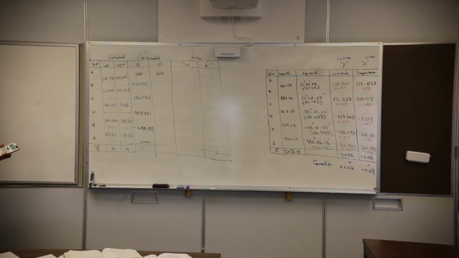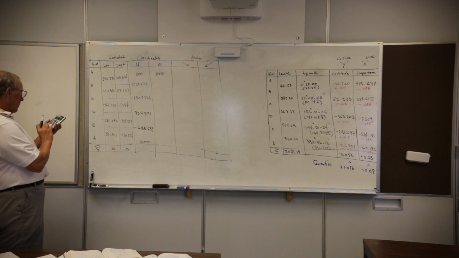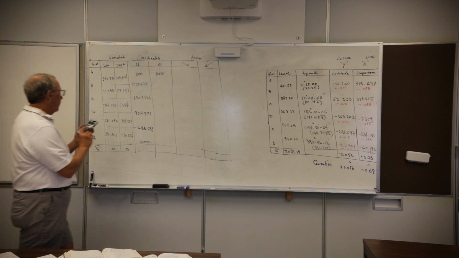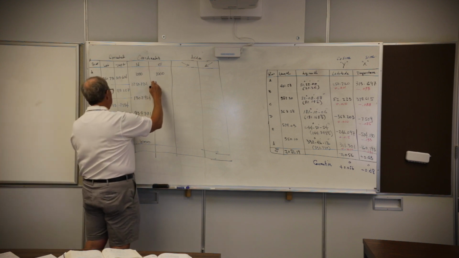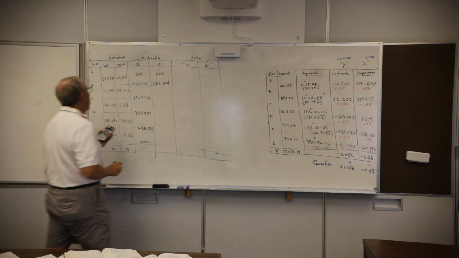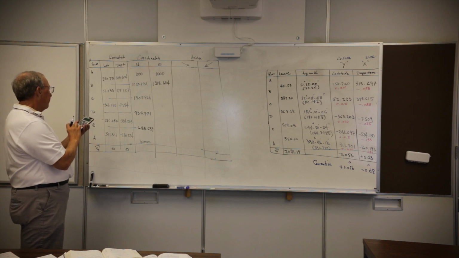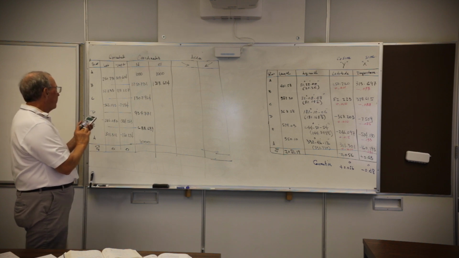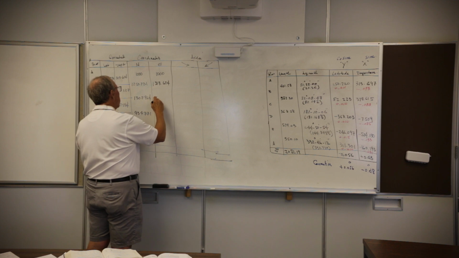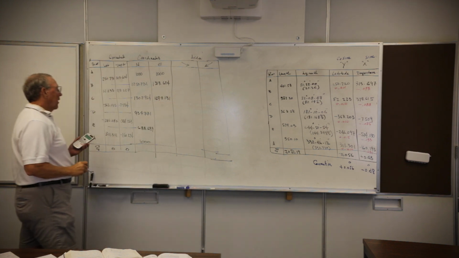I do exactly the same for the next column. Put the 1,000 in. Add to it 313.604. Add 378 to it. There you go.